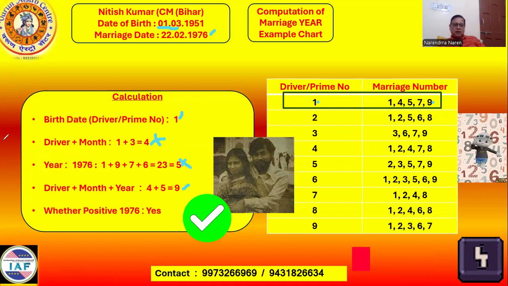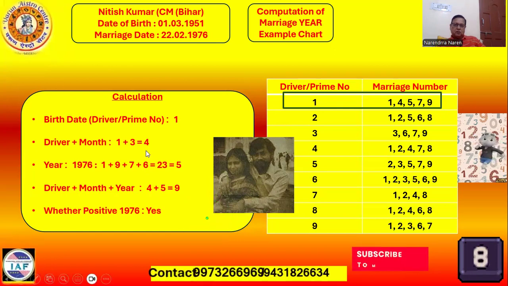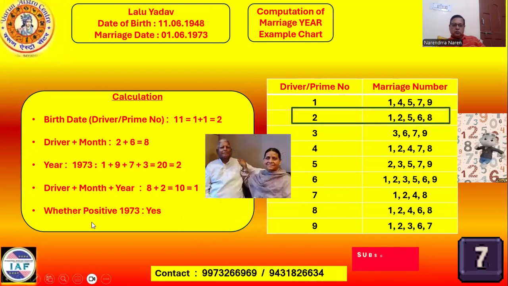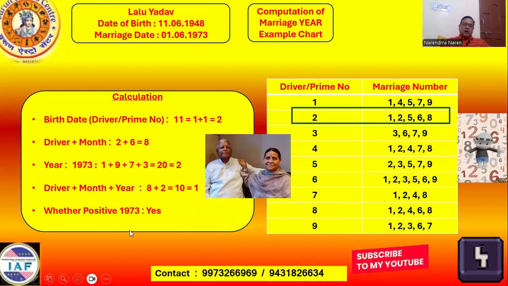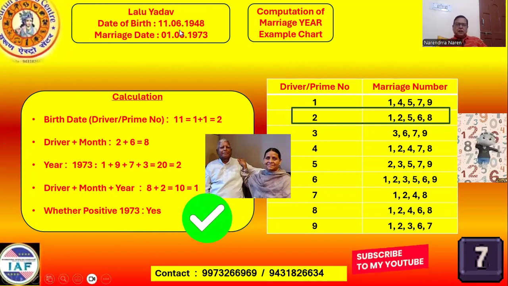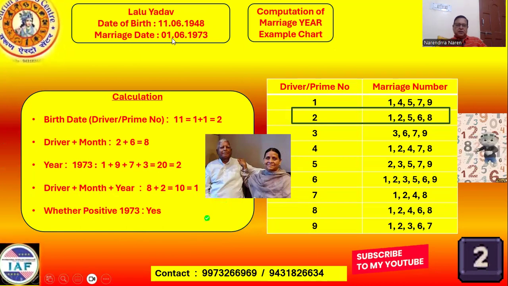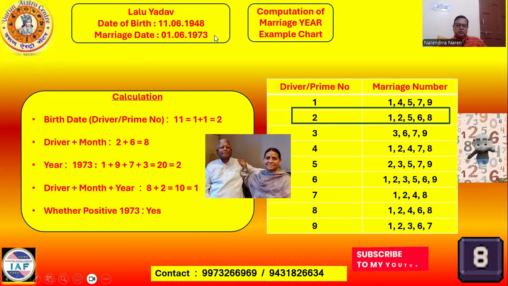Let us see another birth chart, after deleting these inputs which I have given during the presentation. This relates to Sri Lalu Yadav. His birth date is 11th June 1948, and the marriage date is 1st June 1973.